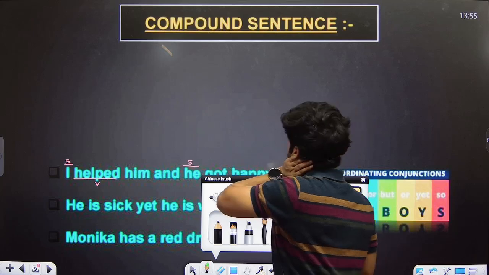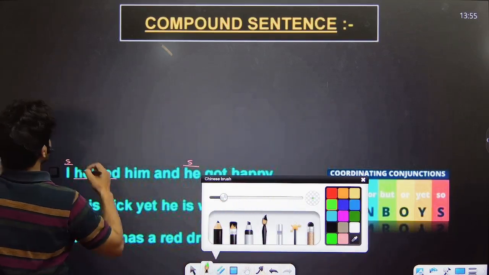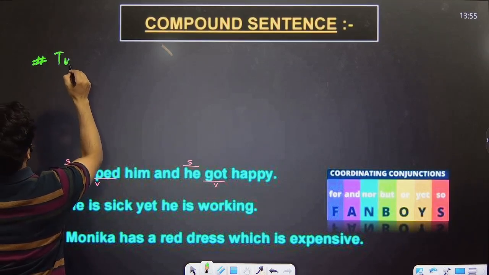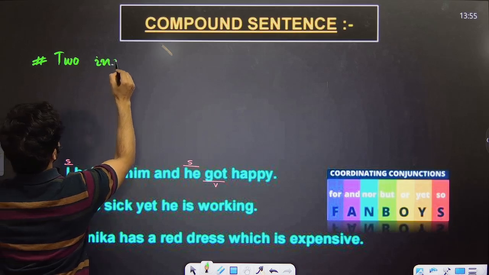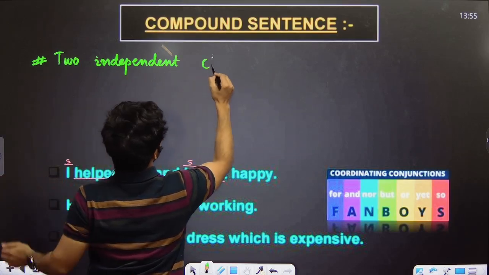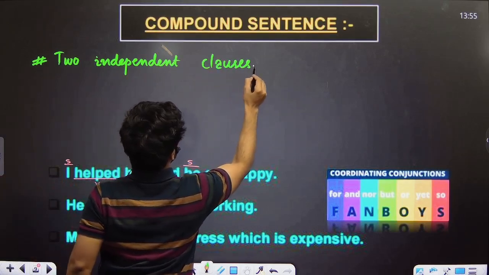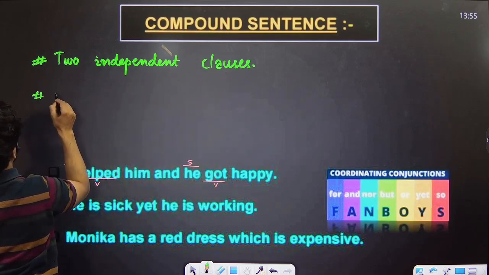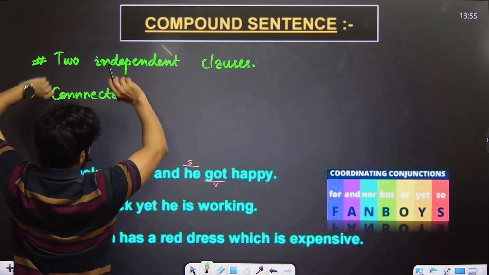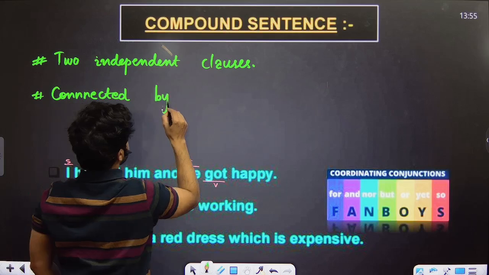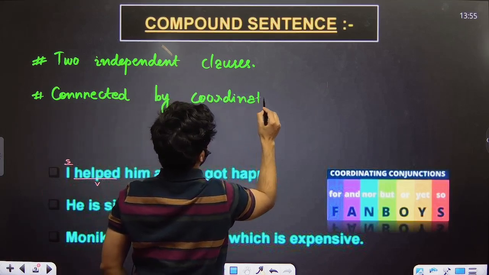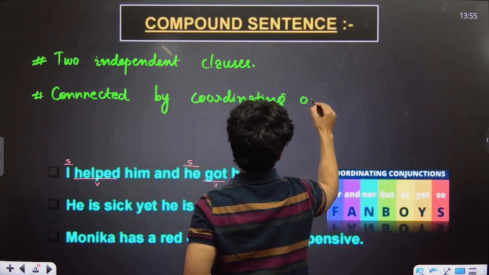Okay, you will be getting here two independent clauses, connected by coordinating conjunctions.